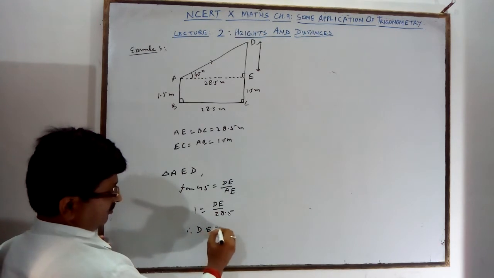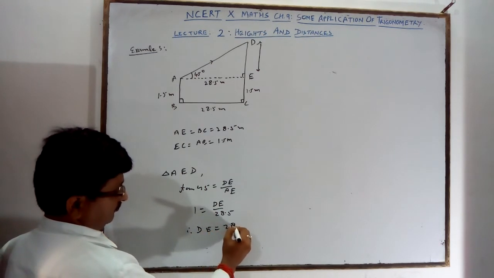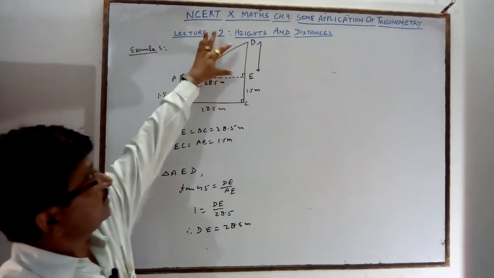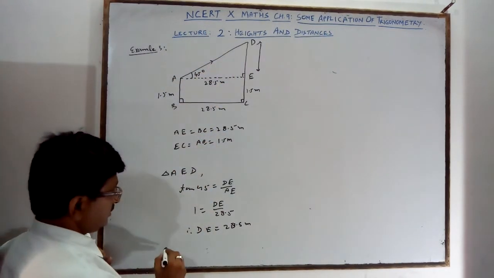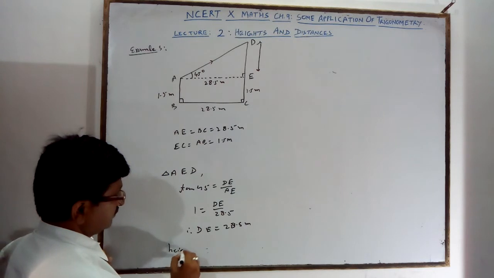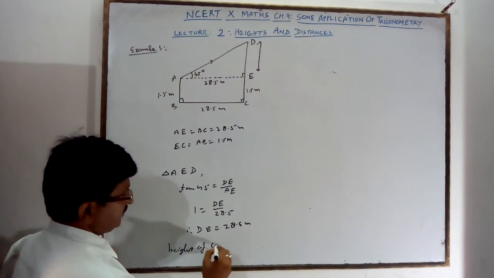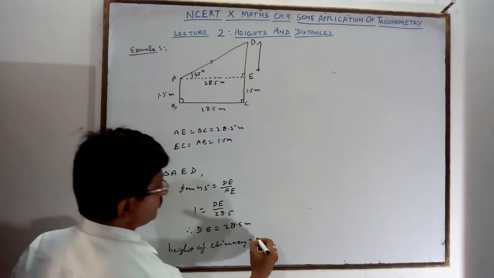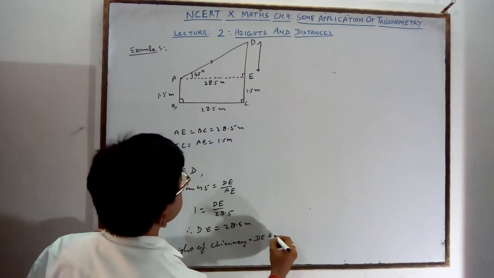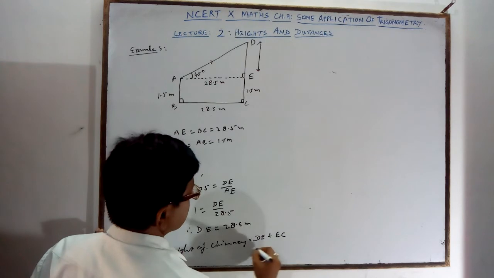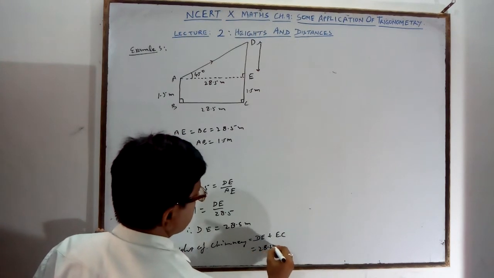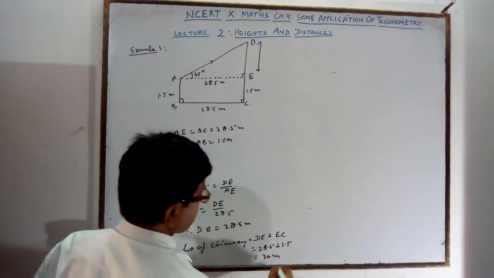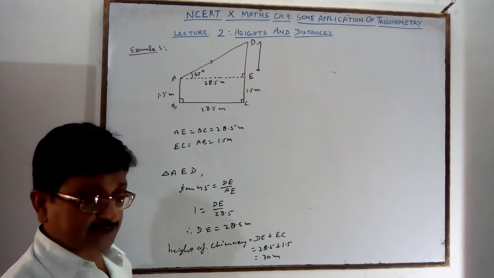Therefore, DE is equal to 28.5 meter. Don't make the mistake here. It is not the height. Height is CD. So height of the chimney is equal to DE plus EC. That is 28.5 plus 1.5, that is 30 meter. Your answer is 30 meter.